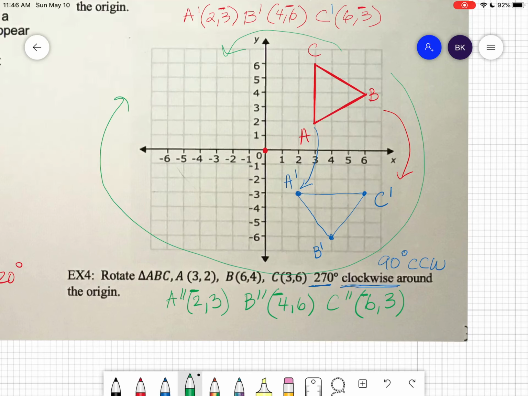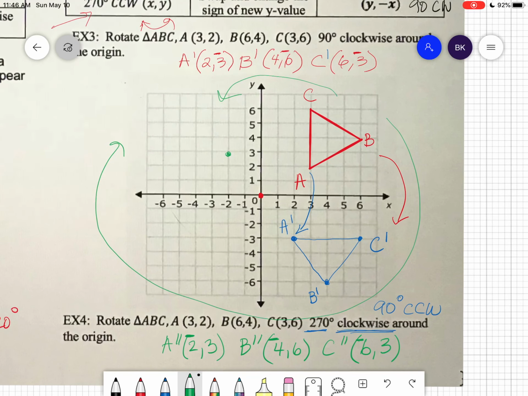Let's see if I did a good job. -2, 3 is going to be right here. That's our A prime prime. B prime prime, -4, 6. And C prime prime, -6, 3.